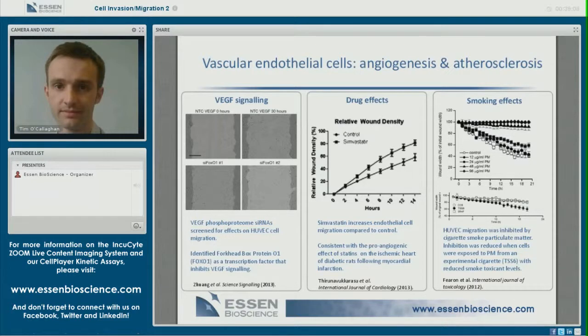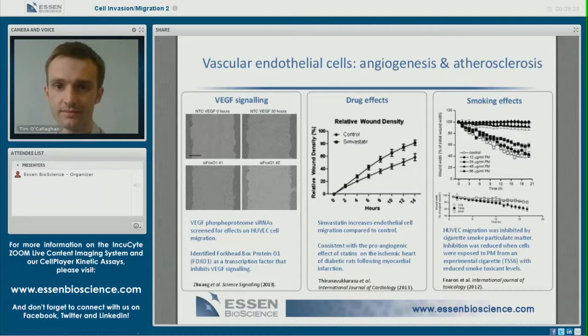Independent labs have also probed the biology of vascular endothelial cells and how that relates to the angiogenesis and atherosclerosis biological processes. Napoleone Ferrara's lab at the University of California, in combination with Genentech, used a HUVEC migration screen.